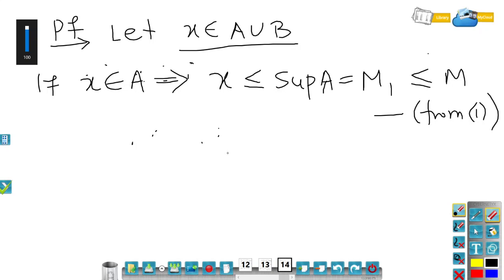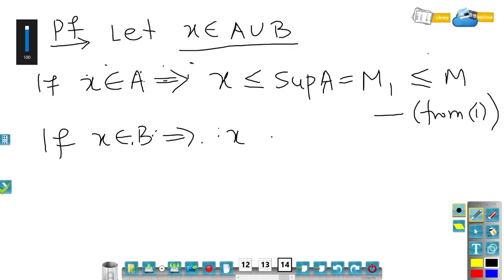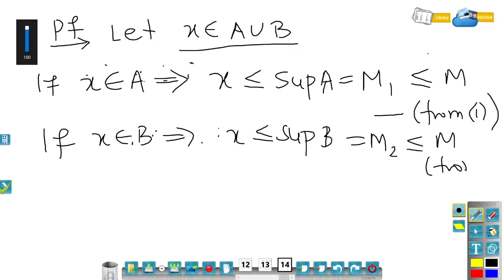Now case 2, if x belongs to B, that would imply x is less than or equal to supremum of B, which is equal to M2, and again it is less than or equal to M from 1.